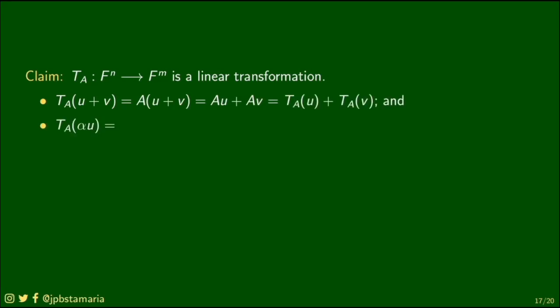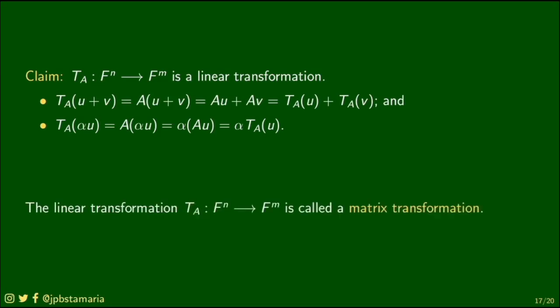At the same time, if you have the scalar multiple alpha times u, and apply TA on it, we are multiplying A on the left. By a property of matrix operations, you get alpha times A times u, which is alpha times TA of u. Therefore, TA is a linear transformation. This particular linear transformation that was produced using the matrix A is called a matrix transformation.